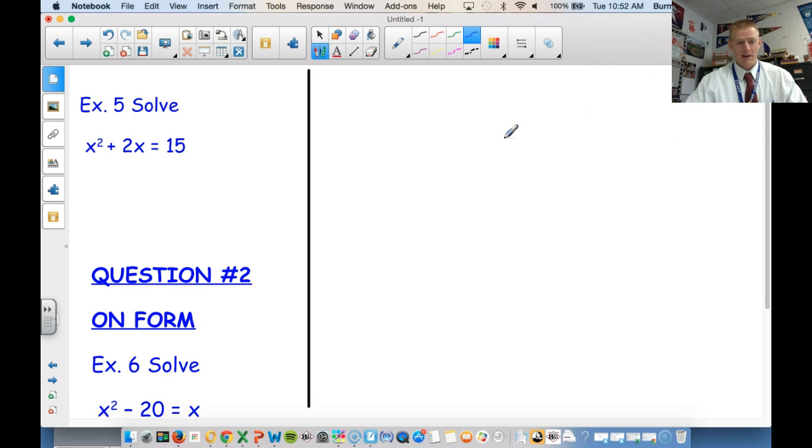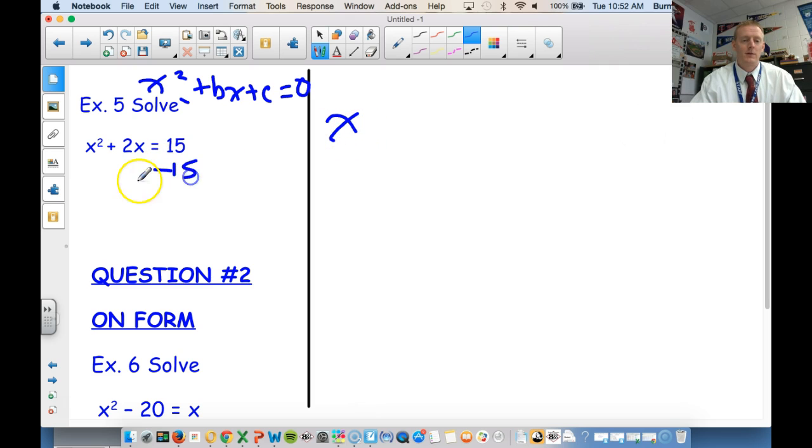Now, if we are expected to solve the problem, things get a little bit different. Remember in the very first slide, we had x squared plus bx plus c equals 0. So step number 1 is to make these equal to 0. I'm going to have to subtract 15 from both sides of the equal sign.